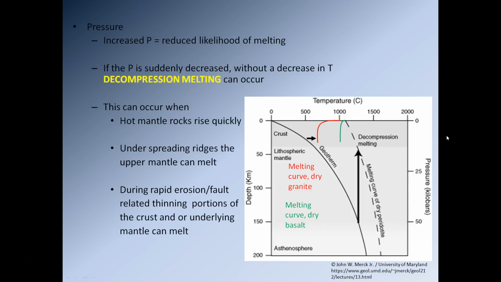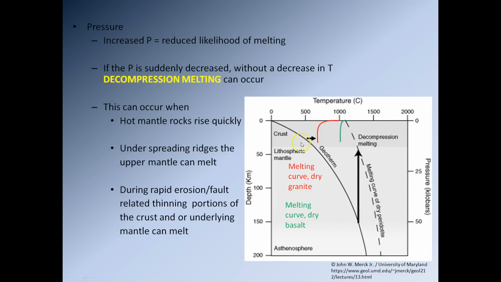And so the rocks underneath the spreading ridge are at very, very high temperatures, but lower pressures, and as such, they begin to melt. So what's happening is, in the case of the changes in pressure, the geotherm is being pushed upwards. As the pressure drops, the geotherm comes up, and once again, as the geotherm rises, it can hit the melting curve for granite, it can hit the melting curve for basalt, and it can hit the melting curve for peridotite.